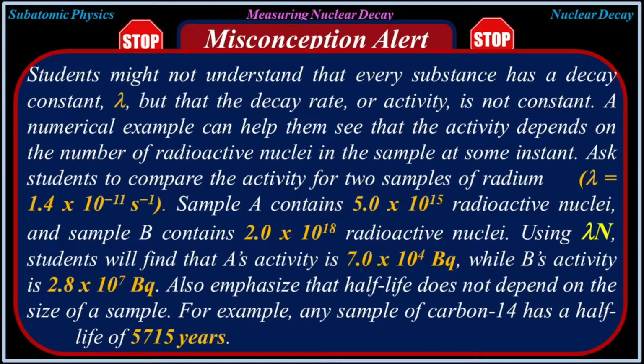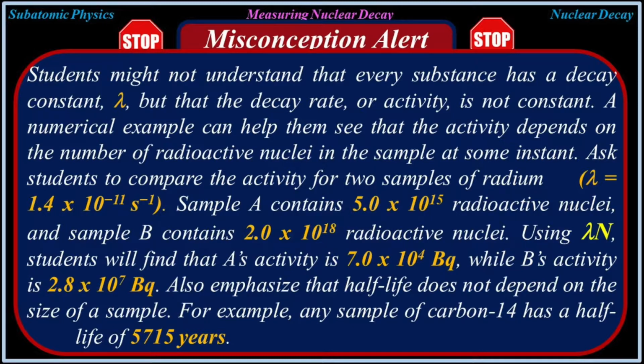Students might not understand that every substance has a decay constant lambda, but that the decay rate or activity is not constant. A numerical example can help them see that the activity depends on the number of radioactive nuclei in the sample at some instant. Ask students to compare the activity for two samples of radium. Lambda is 1.4 times 10 to the negative 11th seconds to the negative 1.